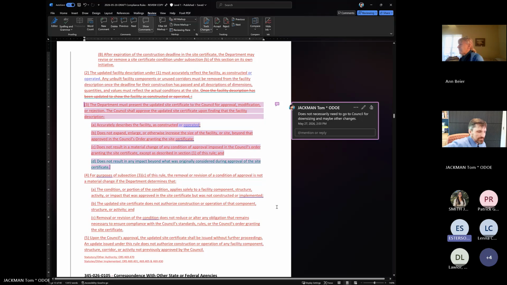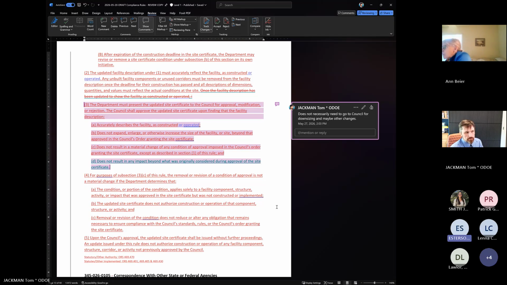Sure. Of course, I think we like this idea from the perspective of long-term operations and having an easy ability to understand what the facility is compared to what was permitted. But in terms of process and cost, is this something where the certificate holder submits their explanation and redline site certificate to us and we are just available to review and process at a low cost, and at what time frame?